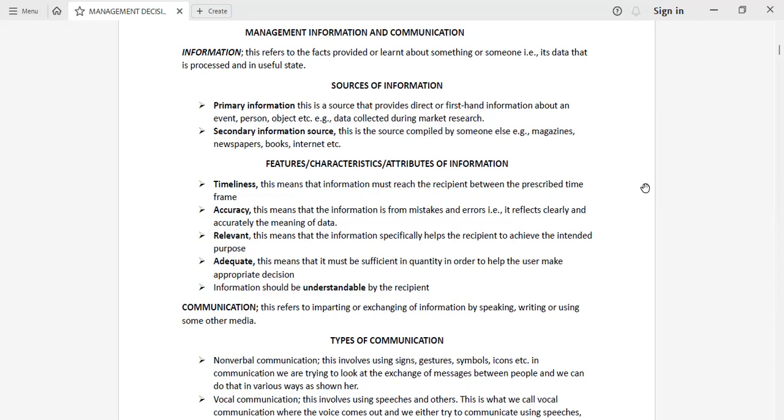So the last one we can talk about is that the information should be understood by the recipient. If you text me an SMS or a WhatsApp chat and I don't understand, then I will not be able to respond accordingly. When the information is misunderstood, you may find someone is responding with a different scenario from the one you're expecting.